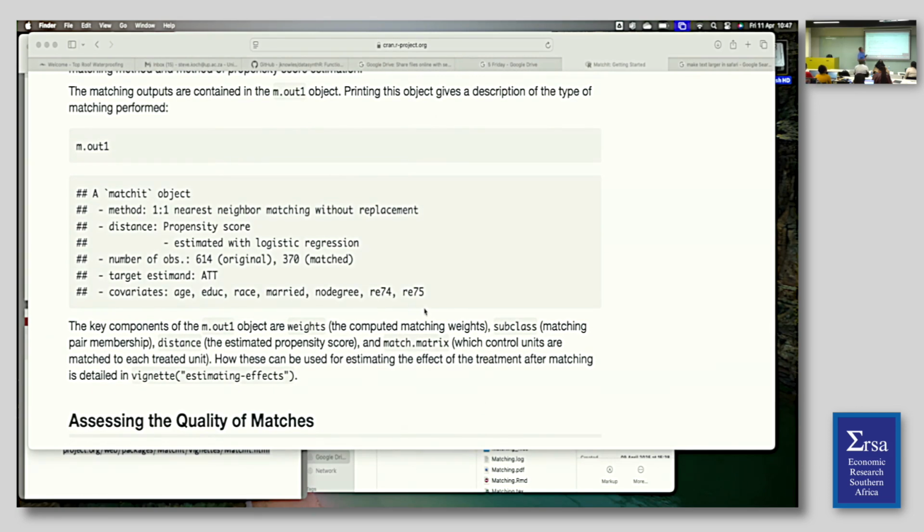It's one-to-one nearest neighbor. It's using the propensity score, which is estimated by default with logistic regression. You can change that. It's estimating the average treatment effect on the treated. You've got 614 total observations, but only 370 that are matched. Okay, but with 370 matched, it's actually 740 observations.